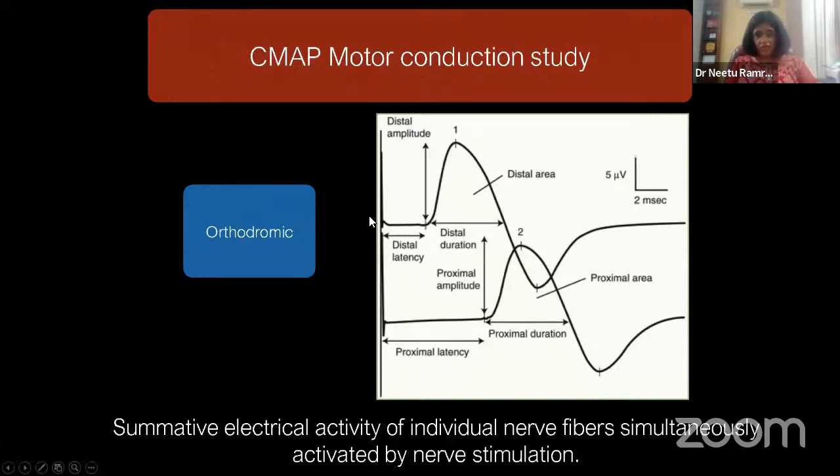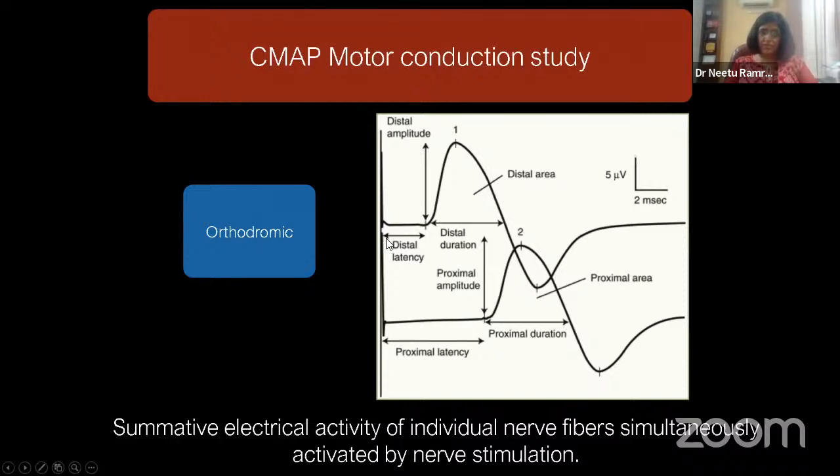Now, if you can see my pointer, how is a typical graph made? A stimulus is given to the nerve. So here is your stimulus. This is the conduction. This is where the potential starts and ends. These are the measurements which are used when we are describing these nerves.